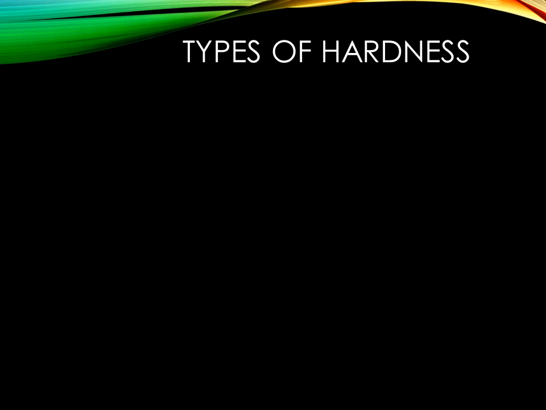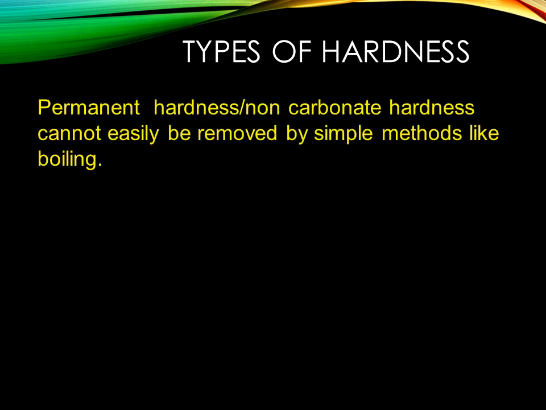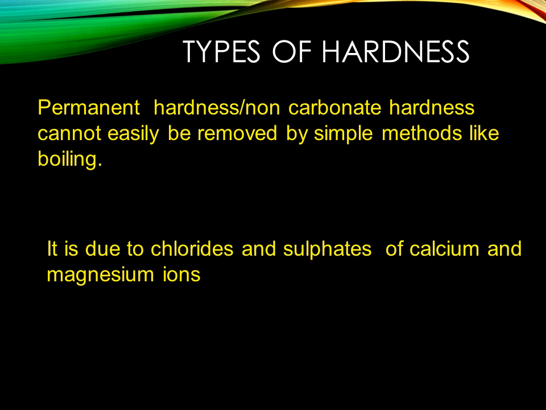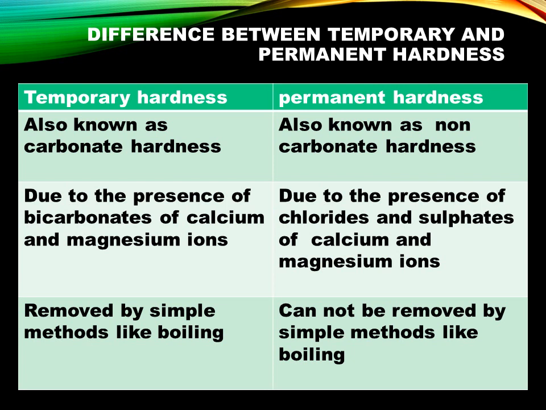So, temporary hardness can be easily removed by boiling, whereas permanent hardness or non-carbonate hardness cannot be easily removed by boiling because it is mainly due to the chlorides and sulfates of calcium and magnesium ions. Differences between temporary hardness and permanent hardness: temporary hardness is also known as carbonate hardness, permanent hardness is also known as non-carbonate hardness.